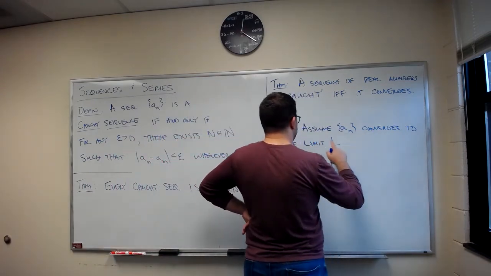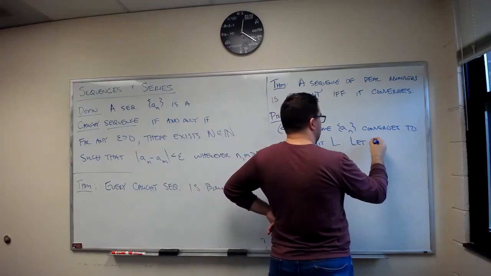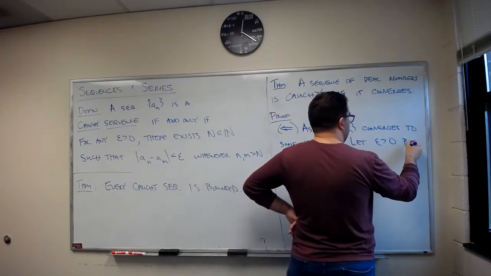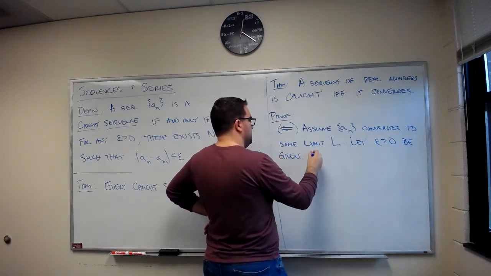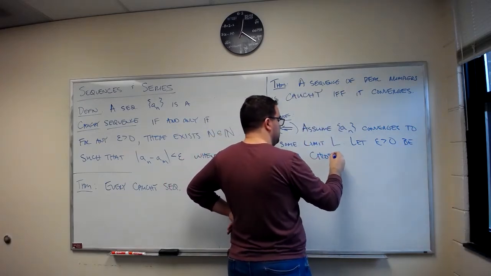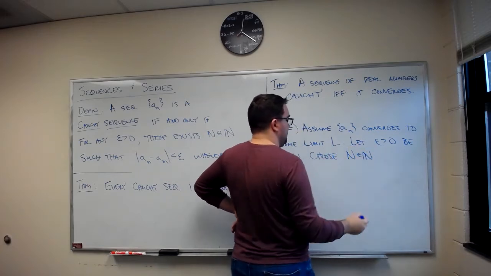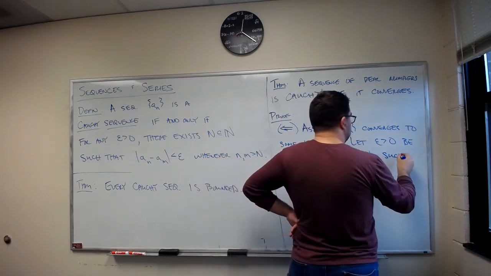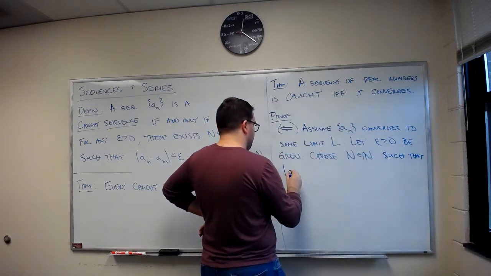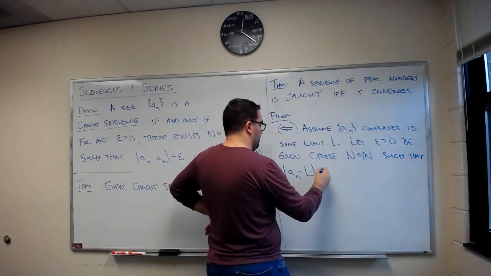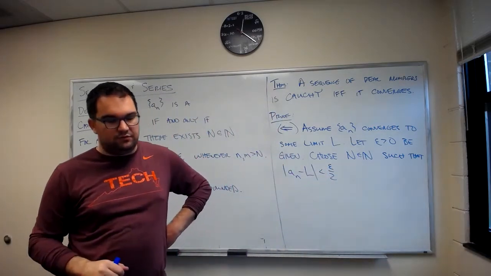So since it converges to some limit L, let me let epsilon greater than 0 be given. And I'm going to choose a natural number capital N such that |a_n minus L| is less than, and I'm not going to use epsilon here, I'm going to use epsilon over 2 here.